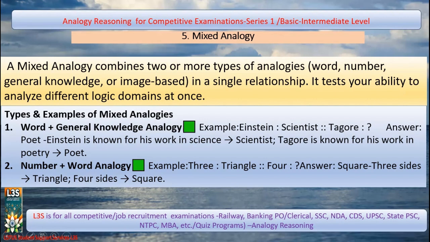Rabindranath Tagore was a poet, so Tagore will go with poet. Another one, 3 is to triangle, 4 is to what? The answer is 4-sided shapes, because a triangle has 3 sides and 4-sided shapes will be either rectangle or square. So whatever the options are, we can choose that one.